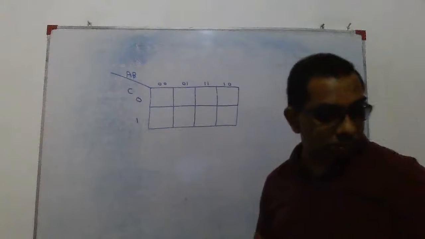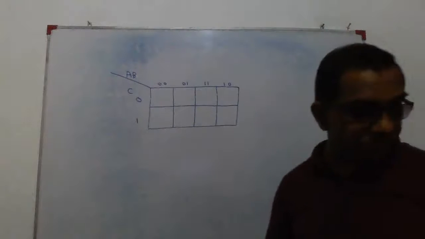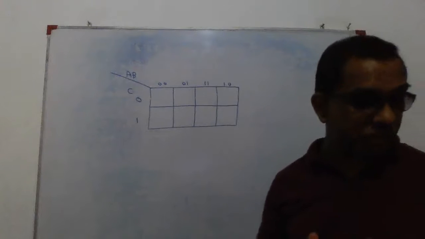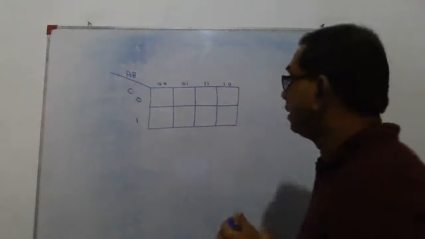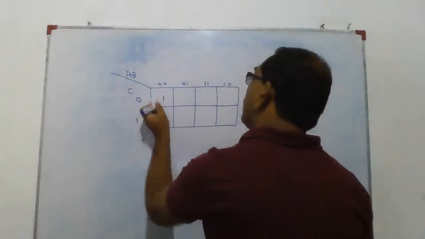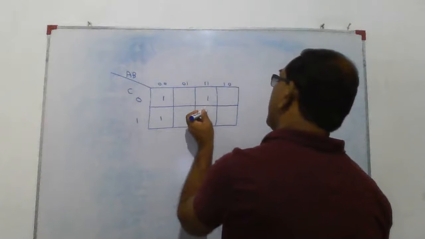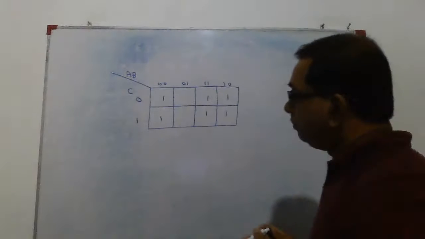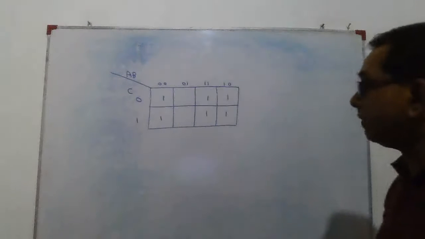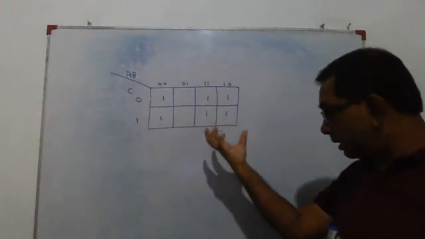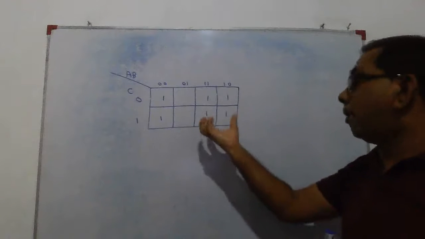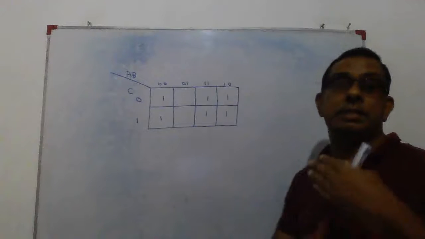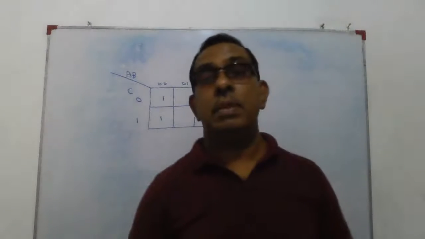Now in such a K map, suppose a situation like this. I would like to take a situation here. We have 1, 1, and again 1, 1, and 1, 1. So by seeing how I have filled this one, you can take a Boolean equation, that is the reverse order.